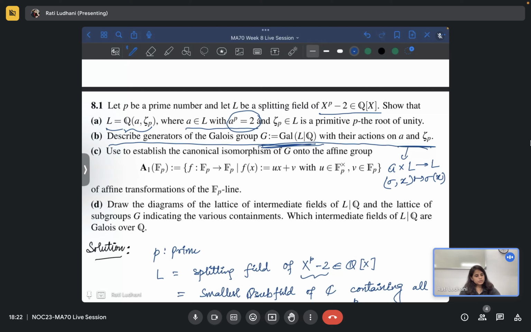Now let's go to the point C. Used to establish the canonical isomorphism of G onto the affine group. Actually, we have all the things for this C part. So what does the C part say? I'll write this down.